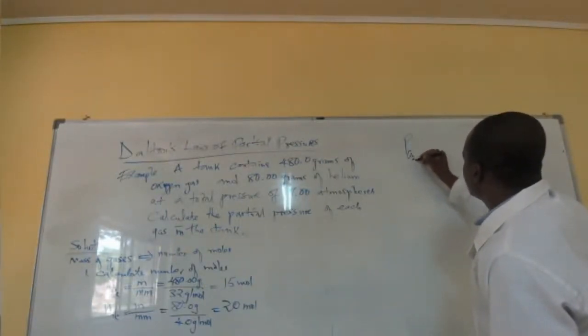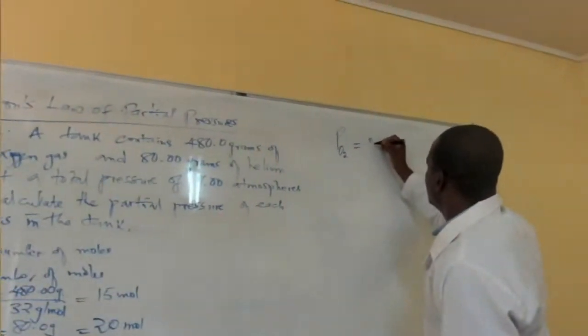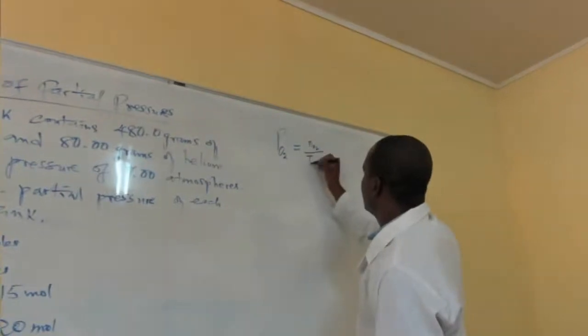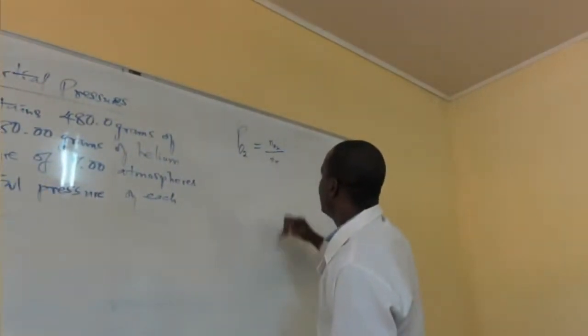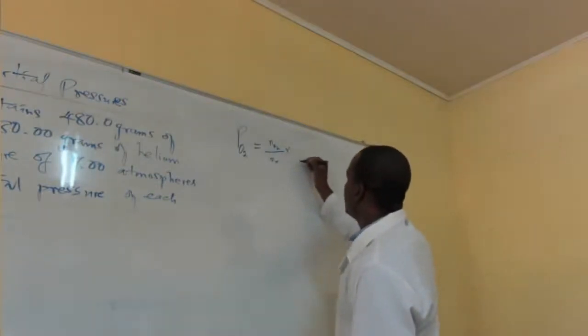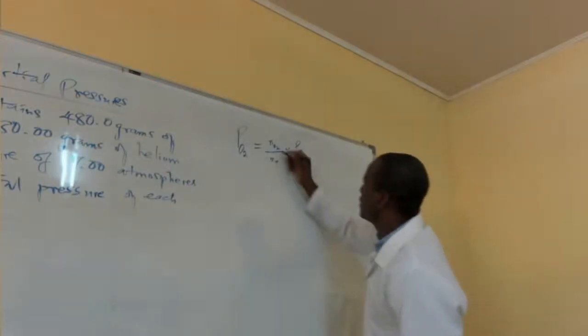The partial pressure of oxygen is equal to the number of moles of oxygen divided by the total number of moles, NT, multiplied by the total pressure within the mixture.